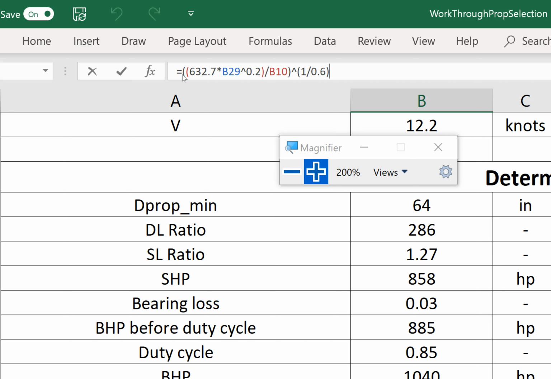So this again is RPM, shaft, and the diameter of the prop. But what we did is we rearranged it to solve for SHP based on what diameter?